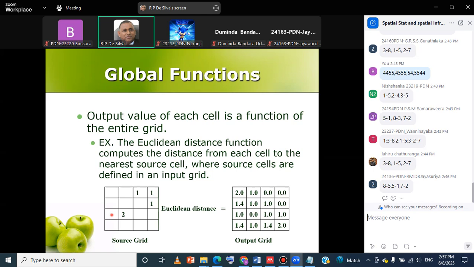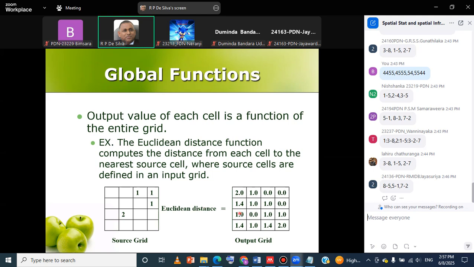Assume from the center to the boundary of the cell, what is the distance? 0.5. This 0.5 from here to the center of that, another 0.5. So the total distance is 1 to reach a water source. So you put value 1 for that cell.